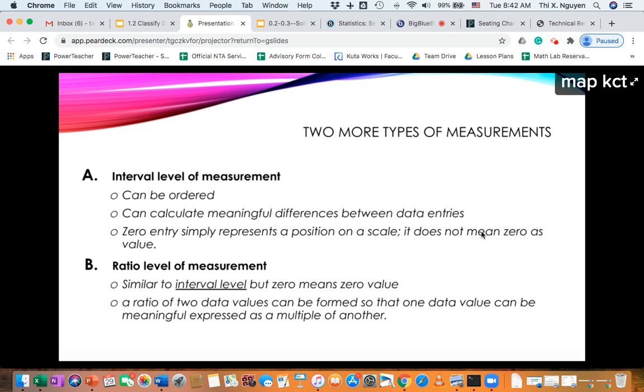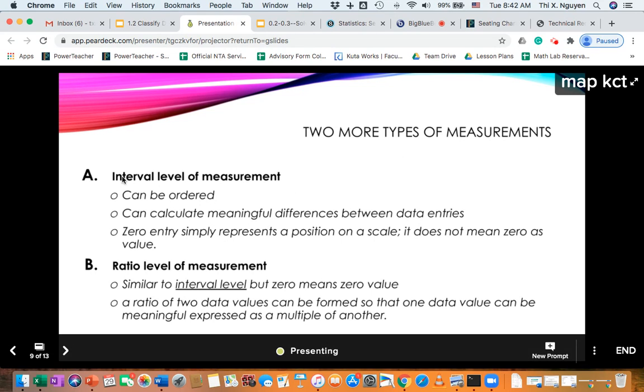Okay. So for interval, if you think about interval, it's going to have a starting point and an end point. So for interval, I'm going to have a start, and we're going to go to an end.